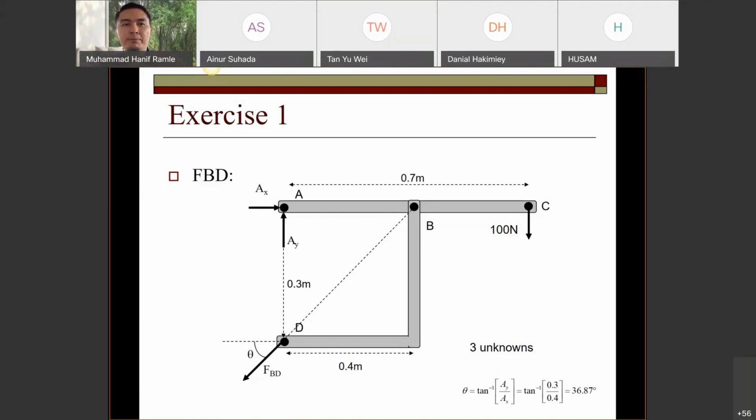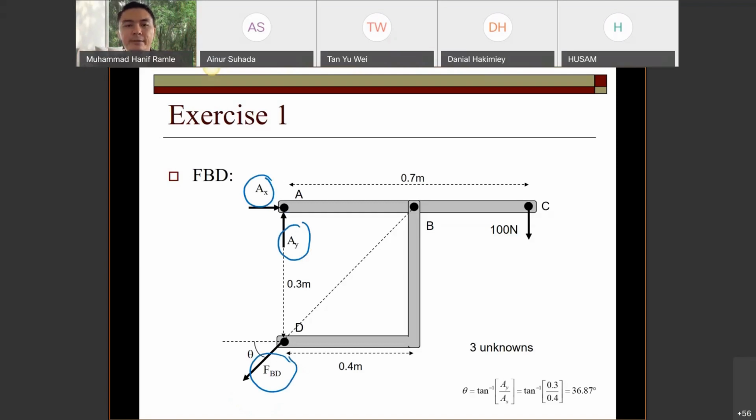Okay, back to the slide. Once you use two force members, from 4 unknowns, the system will have 3 unknowns only, like shown in this one. Ax, Ay, and FBD, only 3 unknowns. From here, you can get the easiest way to solve the problem.